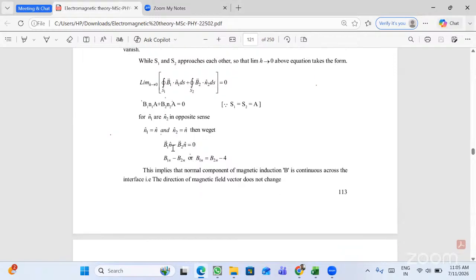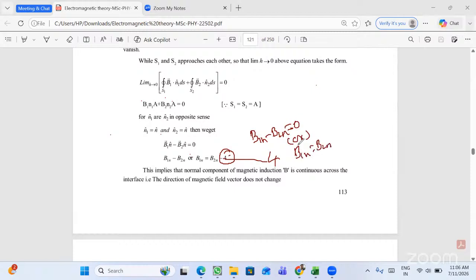Or we can write this as A times (B1n minus B2n). Otherwise, B1n is equal to B2n we can write. So this is actually equation 4. Don't get confused; actually it should be like this, but they have written it in this manner. So the condition is B1n minus B2n equals 0, or B1n equals B2n.